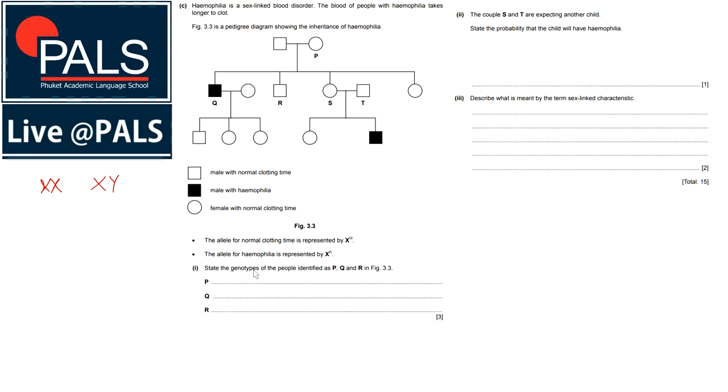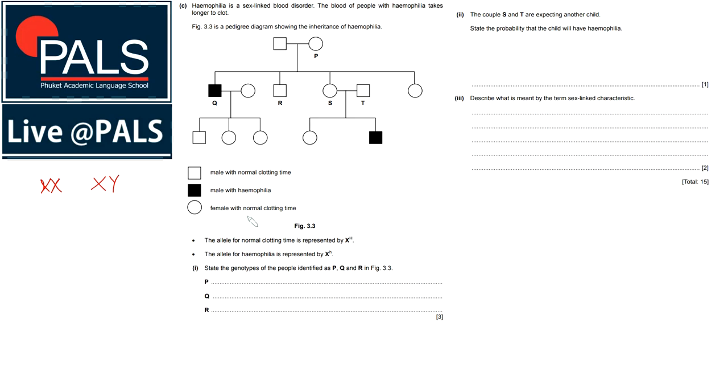State the genotypes of the people identified as P, Q and R. So genotypes are combinations of alleles, and in this case, since it's a sex-linked characteristic, we need to include the sex chromosomes as well. So P, Q and R. So we can write down the gender already in terms of chromosome combinations.